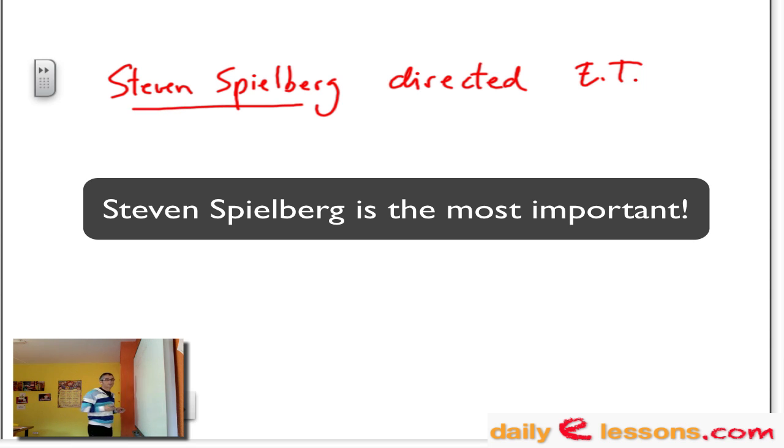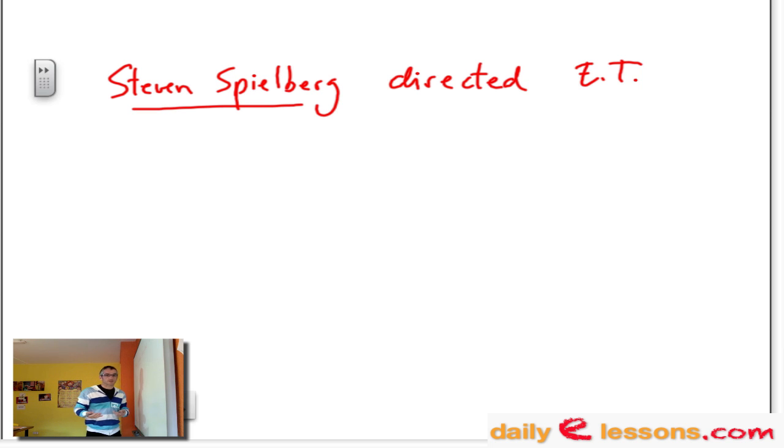It's Steven Spielberg, right? So that's why we create an active sentence. We say Steven Spielberg, the most important thing, does this action, directed in past, and which film did he direct? E.T., right?